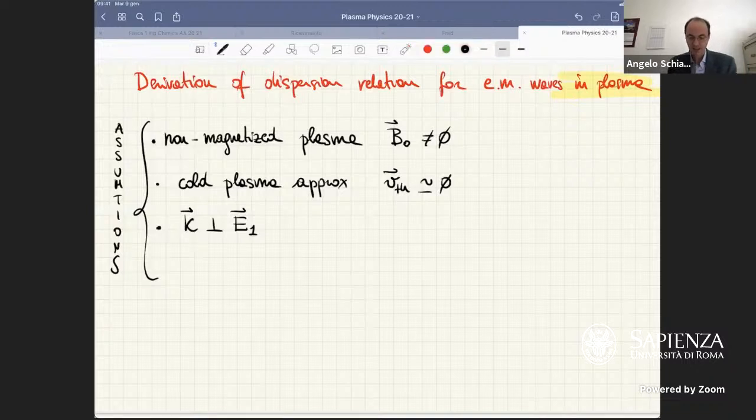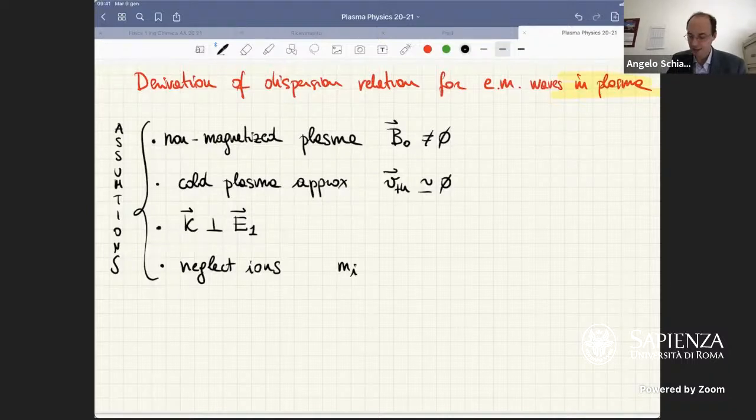And then, since the quivering motion and the frequency of the wave's typical allowed solutions are much faster than the time scale of motion of the ions, we can neglect the dynamical contribution of the ions to this phenomenon. So we can neglect the ions. This is because the mass of the ion is much larger than the mass of the electron.